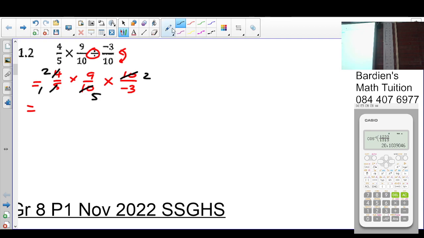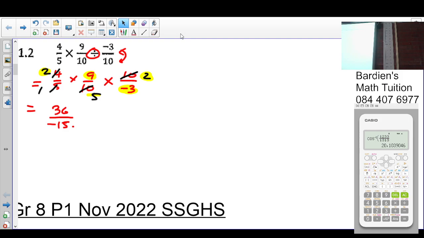What are we left with? We're left with a 2, a 9, and a 2 on top, a negative 3 and a 5 at the bottom. So 2 times 9 is 18, and 18 times 2 is 36. 5 times negative 3 is negative 15.